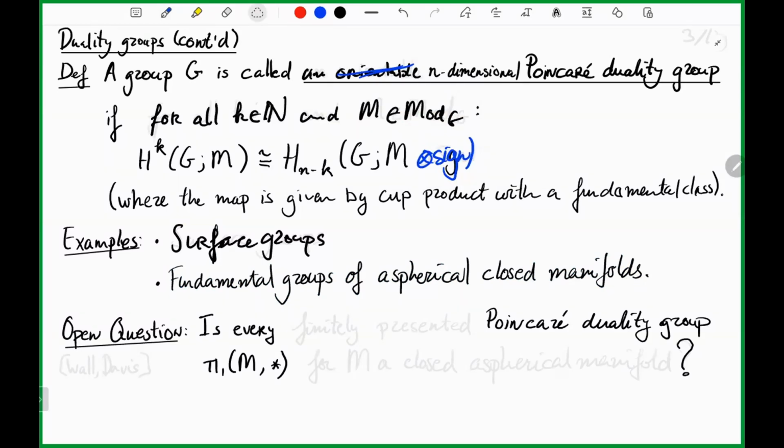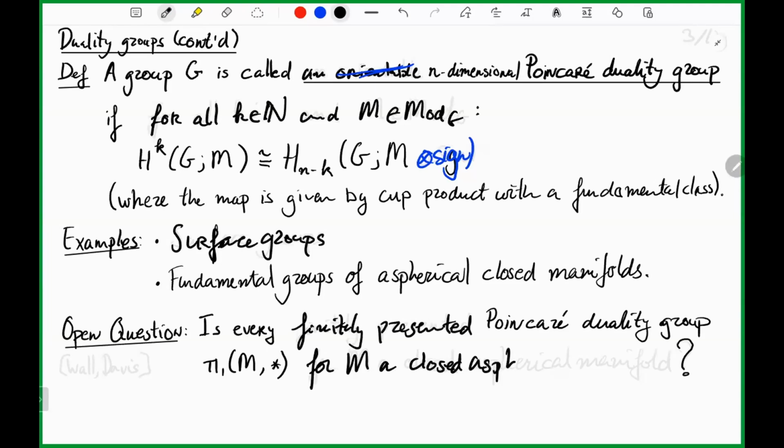So I gave you a very large class of examples. In fact, we don't know any finitely presented Poincaré duality groups that are not pi_1 of a closed aspherical manifold.